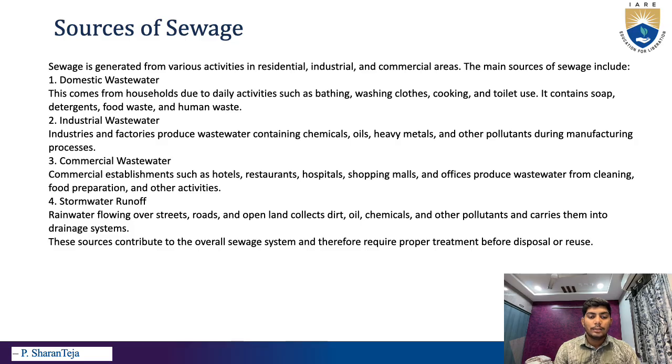And third one is commercial wastewater from hotels, hospitals, shopping malls, and offices. And fourth one is stormwater runoff. Rainwater carries dirt, oil, and pollutants from roads into drainage systems. Each type of sewage has different pollutants, which makes treatment more complex.